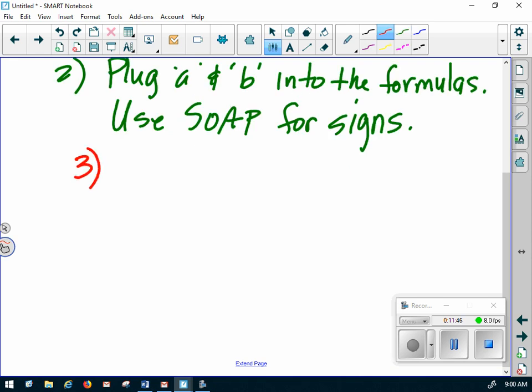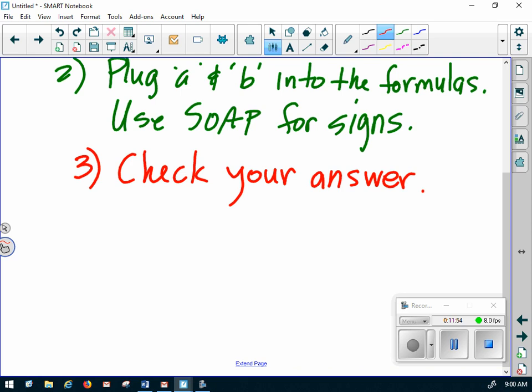Step 3 is check your answer. I think you'll find doing these pretty easy. I really do.